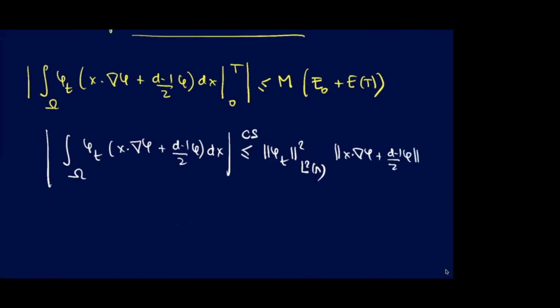Sorry, there is no square in Cauchy-Schwarz. Fine. And here, this is very clean. This is just the L2 norm of phi t.